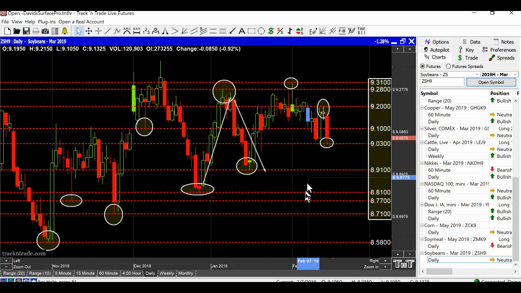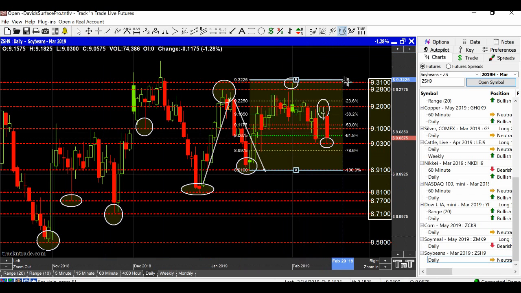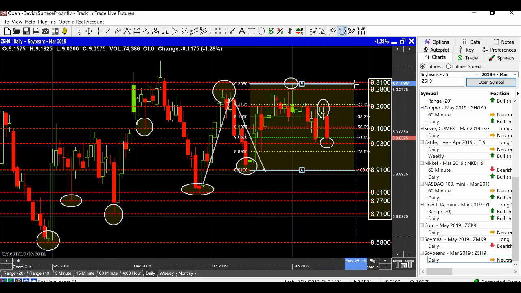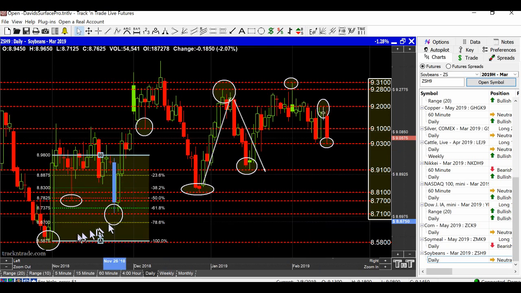Now, if you were doing some Fibonacci, oh God, do I love Fibonacci. If you were doing some Fibonacci work and you thought that price may come back down, well, in this case, it surpassed the 61%, so it's not a real good example. But let's say that this may have been a 50 over here.